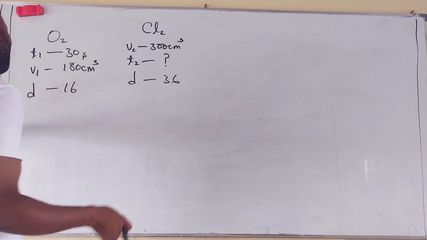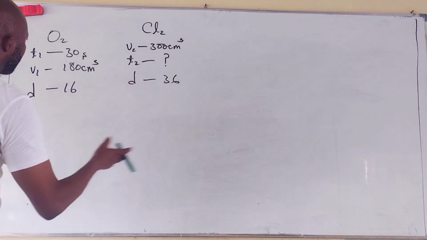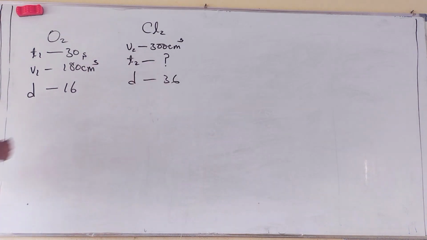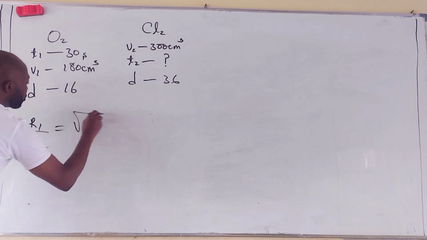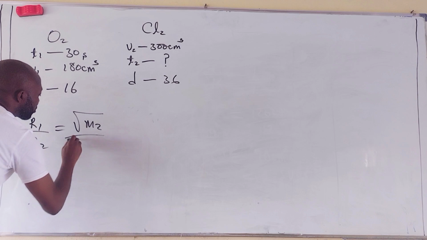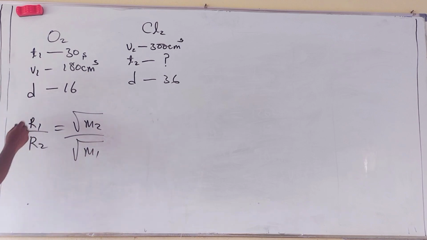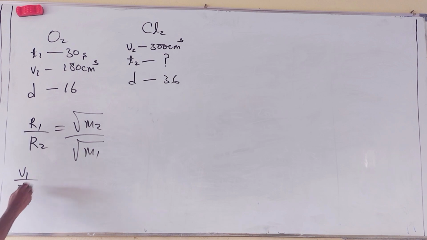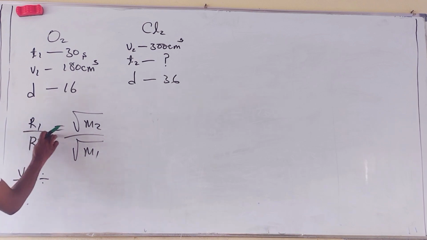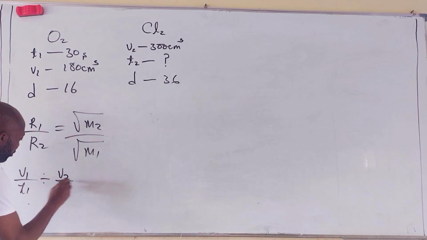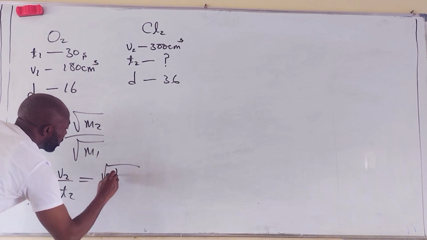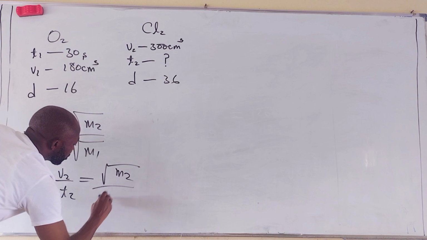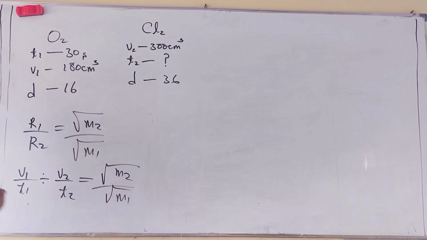But we can still use the relative molecular mass. So R1 over R2 is equal to the root of M2 over the root of M1. R1 here is V1 over T1, divided by V2 over T2, is equal to the root of M2 over the root of M1.